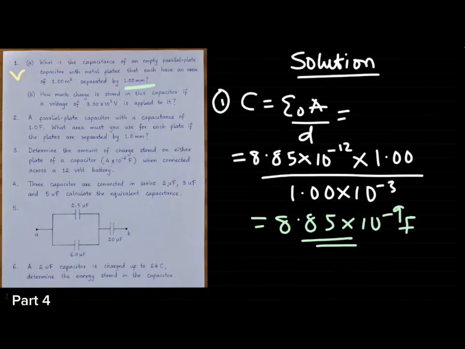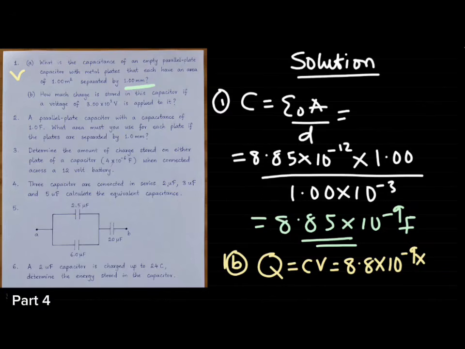Question number 1b. How much charge? So my Q is equal to CV, which is equal to my C given as 8.85 times 10 raised to the power of minus 9 times, what's the voltage given as? 3 times 10 raised to the power of 3.